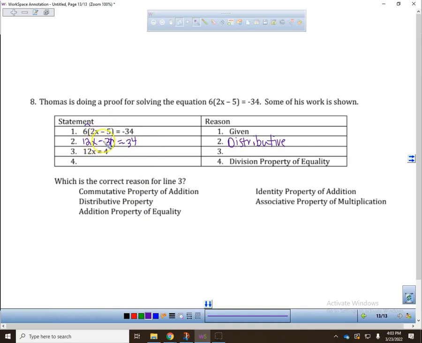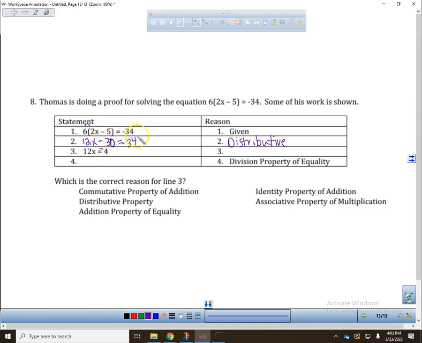Now my next step would be add 30 to both sides. If I added 30 to both sides, that would be negative 4. Yeah, that would be negative 4. Maybe there's a typo here. So 12x minus 30. When I add 30 to both sides, negative 34 plus 30 is negative 4. Maybe there's a typo there.